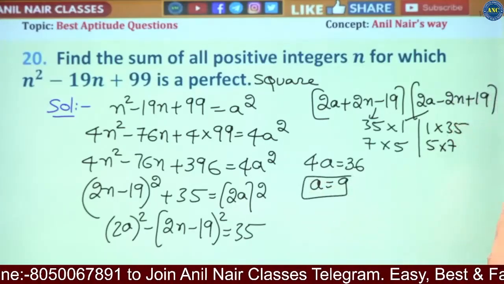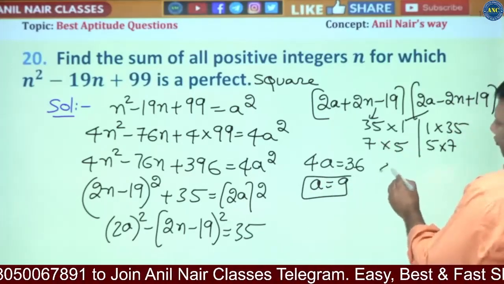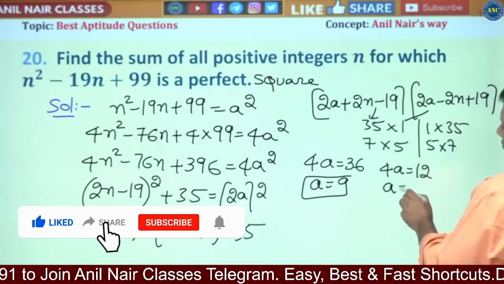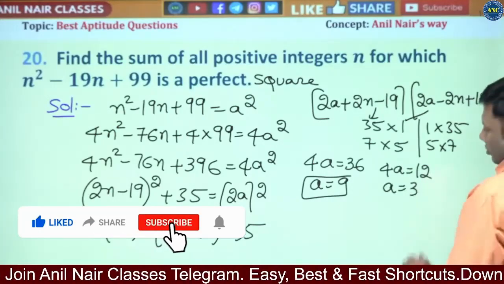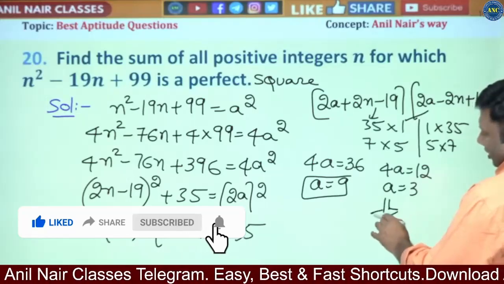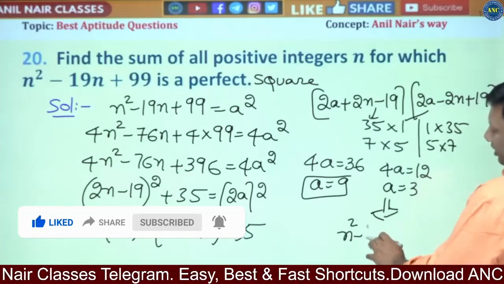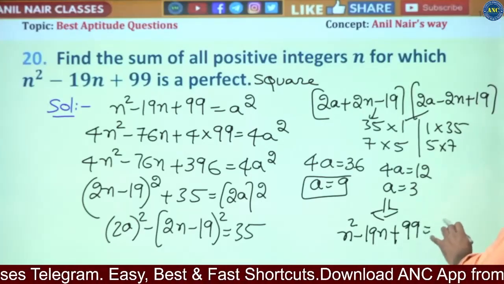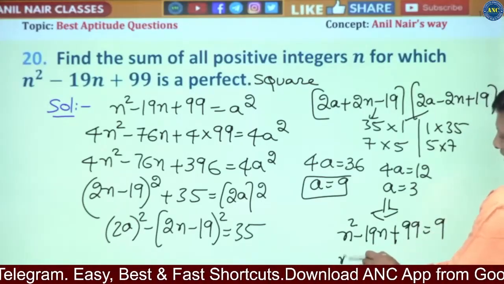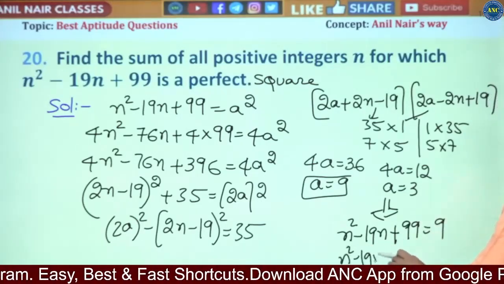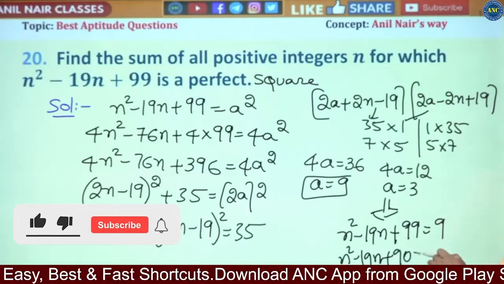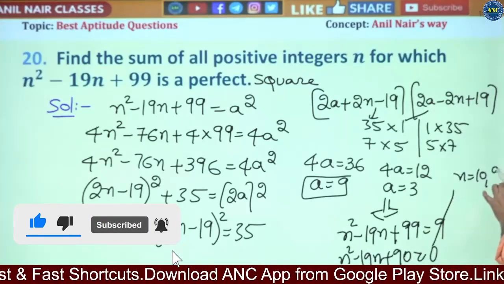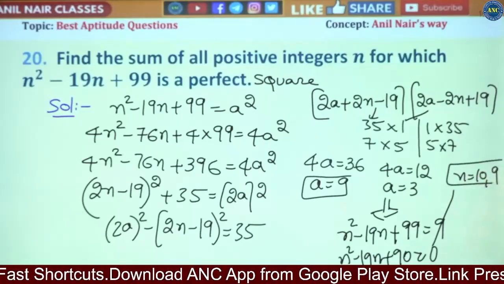If I take the other one, 4a equivalent to 12, a equivalent to 3. If I solve it, I will get n square minus 19n plus 199 equivalent to 9. N square minus 19n plus 90 equivalent to 0. N equivalent to 10 comma 9.